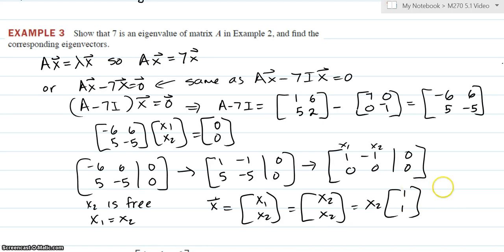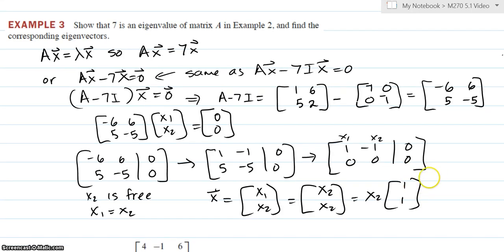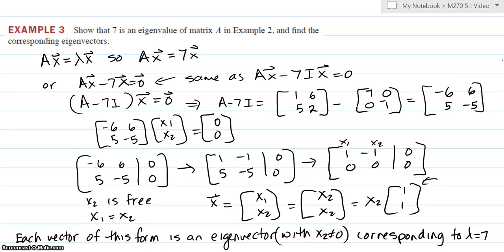and there it is. This right here is called the eigenvector, and the eigenvalue it is associated with is the 7. In fact, each vector of this form is an eigenvector as long as x2 is not 0, corresponding to lambda equals 7.